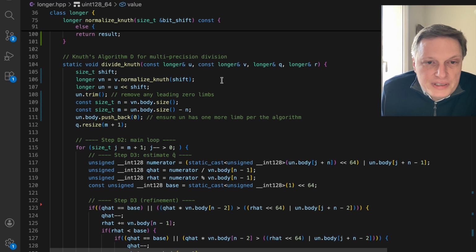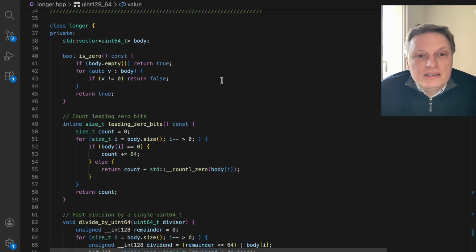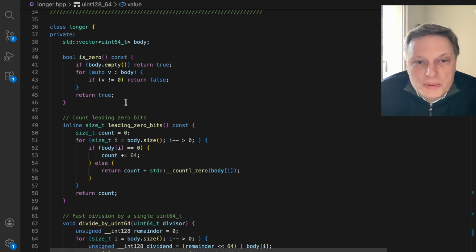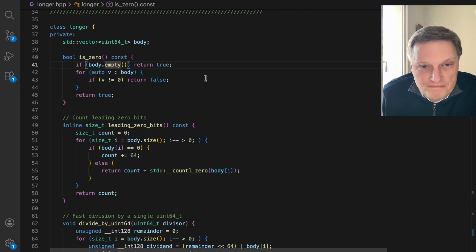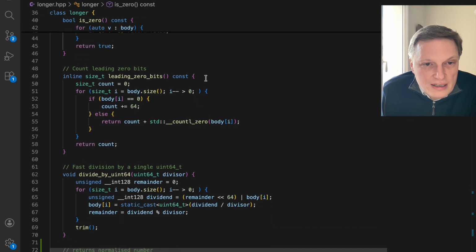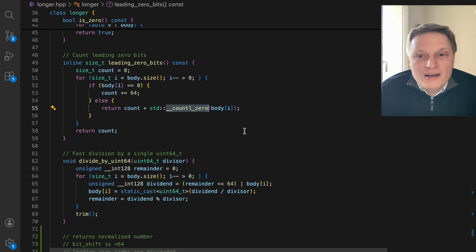Let's briefly discuss some helper functions. Is0 is straightforward, but pay attention to testing where the body is empty. Leading 0 bits is quite easy and efficient thanks to this thing, which should compile into a single ARM64 instruction.